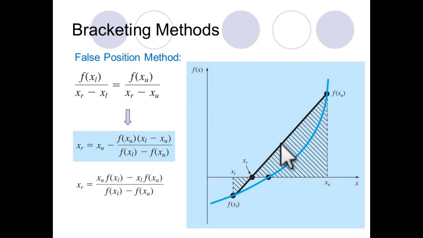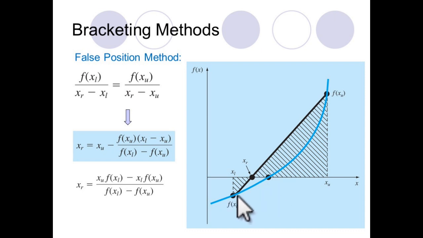Then we evaluate the function there, and check whether the root is between the new point and the upper bound or the new point and the lower bound, and we continue with that interval.